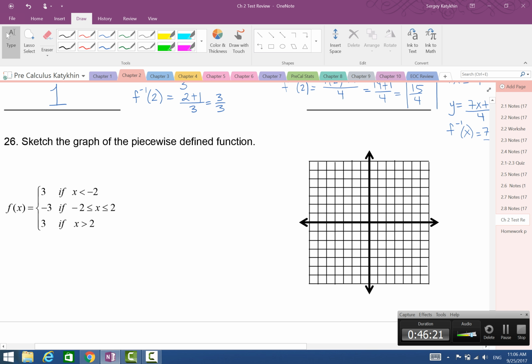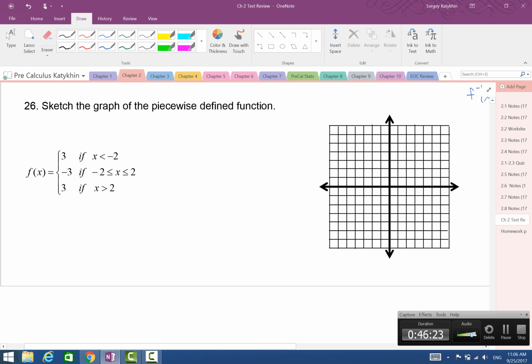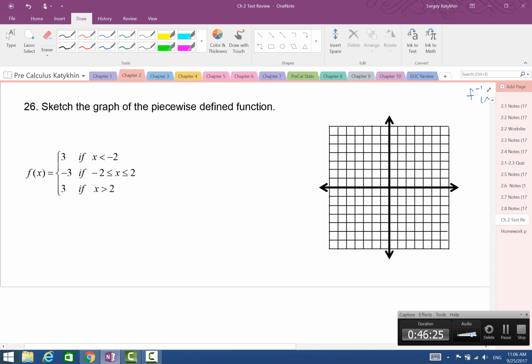The other problem you will see on the test as well will be sketching piecewise functions. So remember, there are 3 functions here. As you recall, I said that if it's just a number, then it's going to be horizontal lines. So notice my domain restrictions. The first one has to be at -2, so x has to be less than -2, but it cannot equal -2.